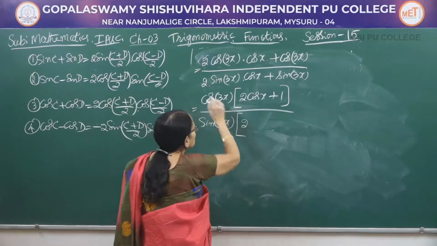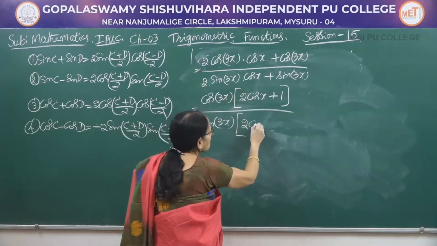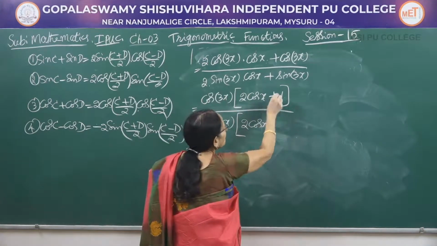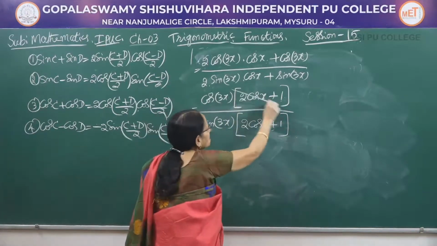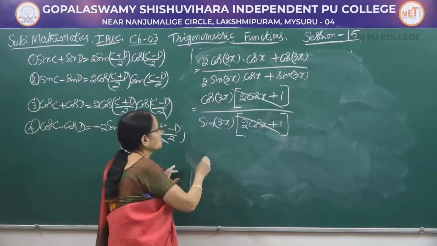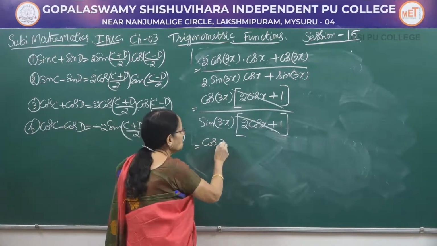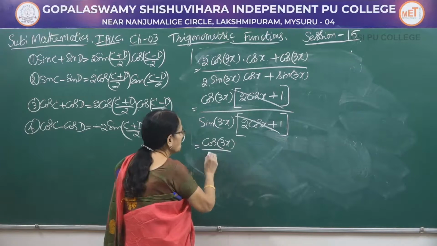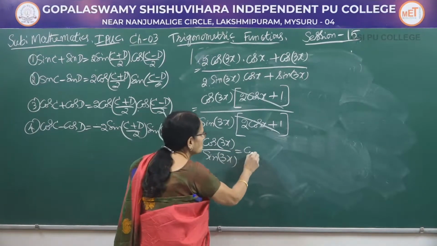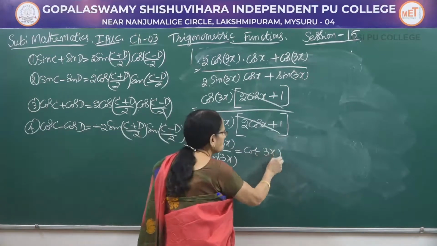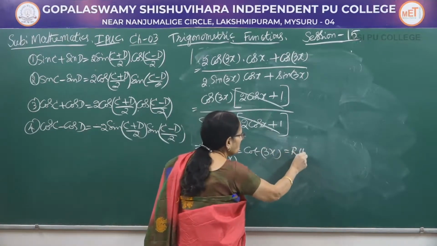What is remaining? 2 is remaining, and here cos x is remaining. Again it is 1 here. Now clearly you see that these two terms now they get cancelled. And what is left here? Cos of 3x divided by sin of 3x. And we know that this is equal to cot of 3x. That is the right hand side we needed.